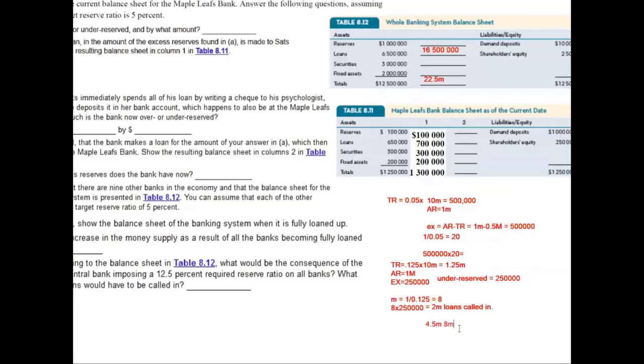If we do 8 million times 0.125, we will get 1 million that they would need in terms of the target reserves. And so that's actually what they have in reserves. So they wouldn't be over or under reserved, right? I'm just confirming that $2 million of loans would need to be called in. If we call in $2 million in loans, then when we calculate our target reserves, it'll equal our actual reserves, which is what it should be.